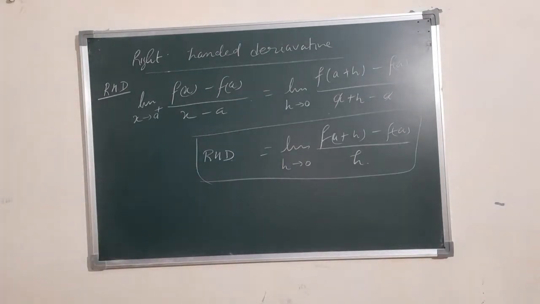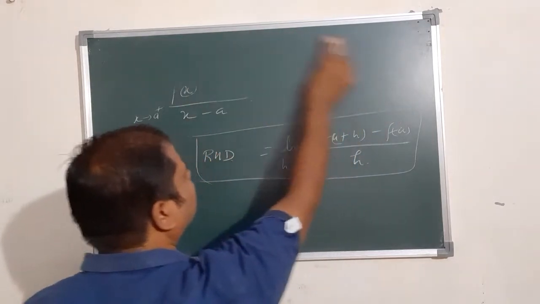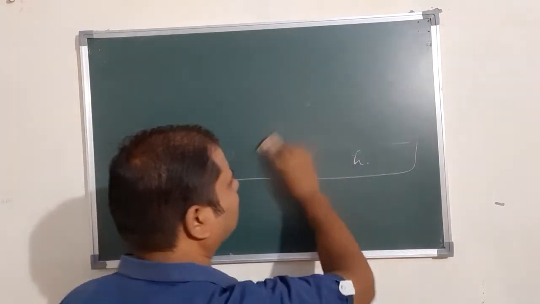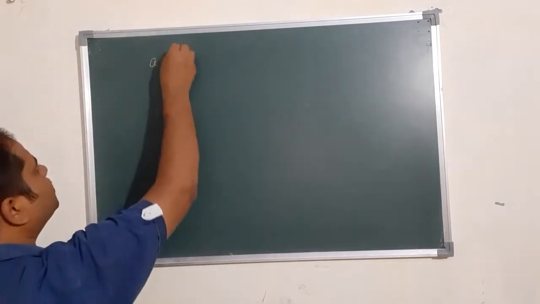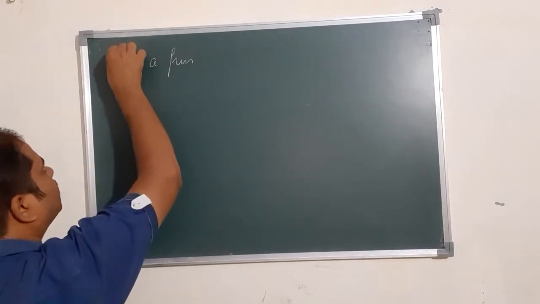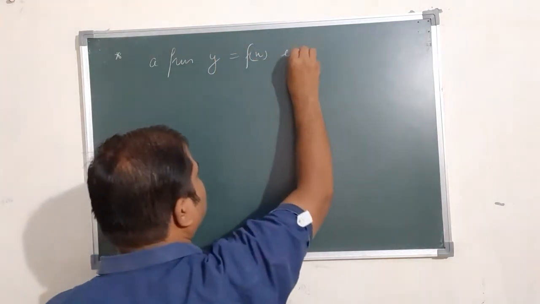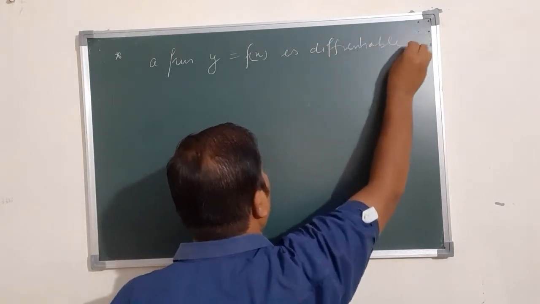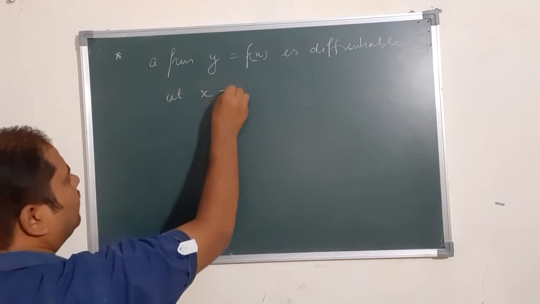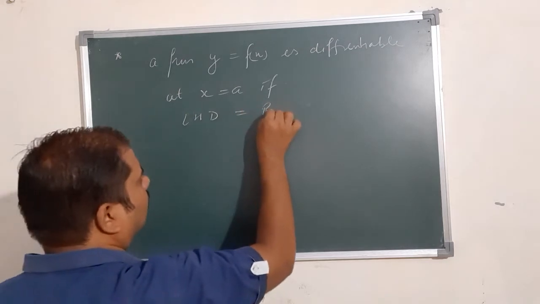So a function y is equal to f(x) is differentiable at x is equal to a if LHD equals RHD.